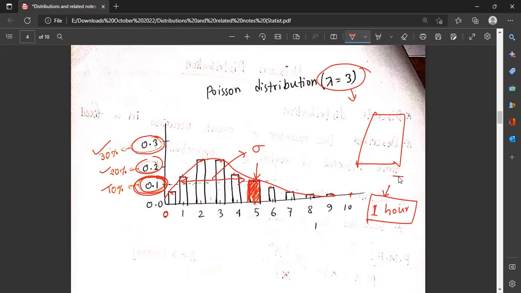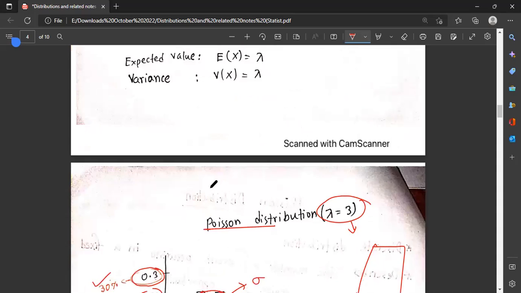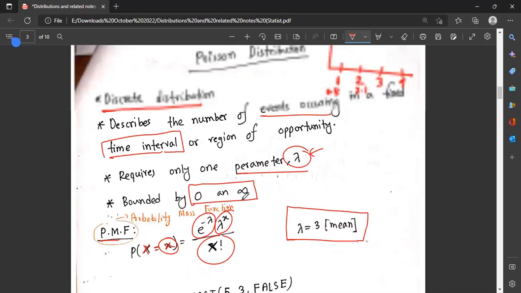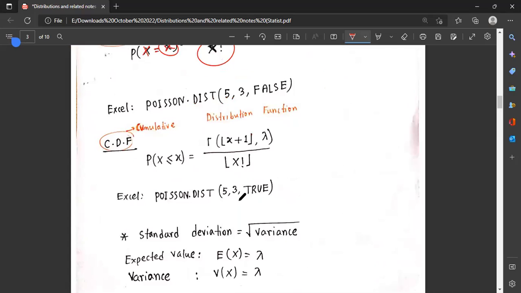You see, there is some time interval. So Poisson distributions are related to time, and the probability of getting 5 visitors within 1 hour will be 0.1. So this is an example of Poisson distribution, and this is the formula for Excel.